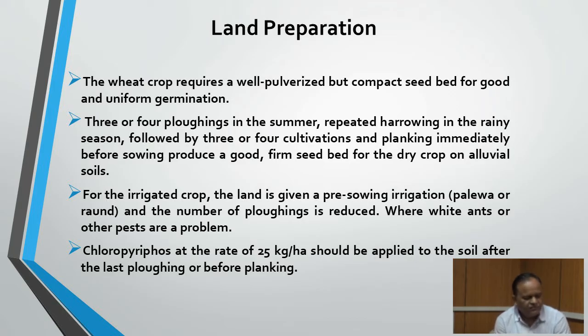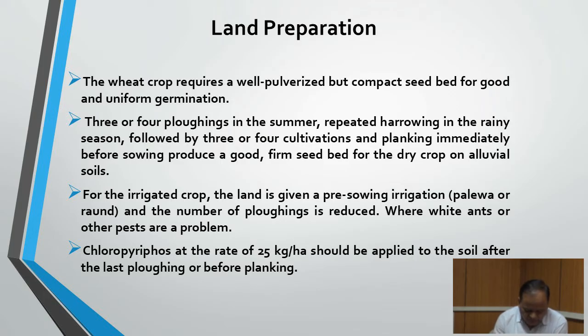For that purpose, we have to do 3 to 4 ploughings in the summer, repeated harrowing in the rainy season, followed by 3 to 4 cultivations and planking immediately before sowing to produce a good and firm seed bed for the dry crop on alluvial soils.